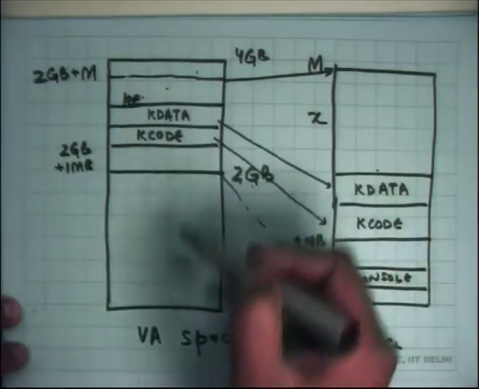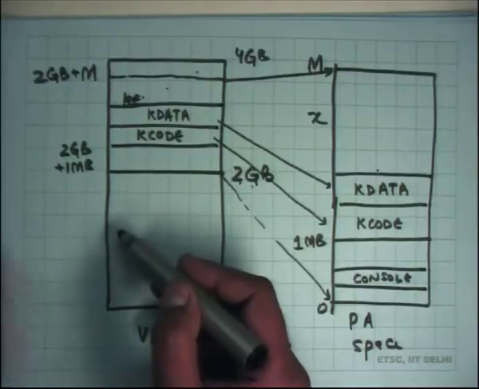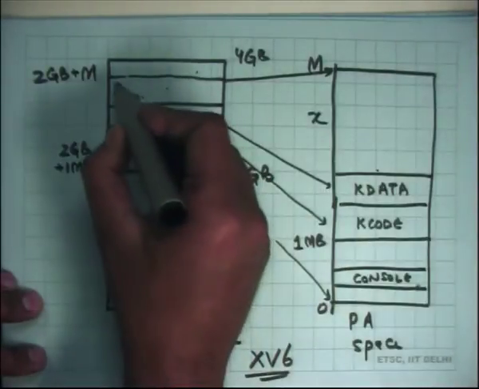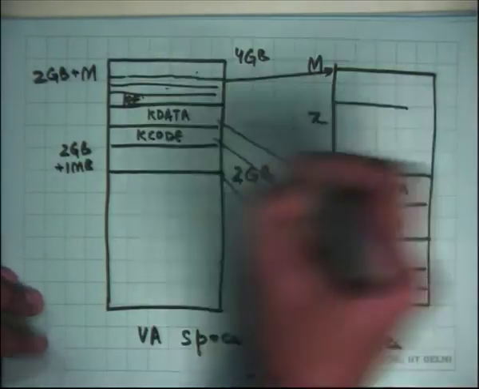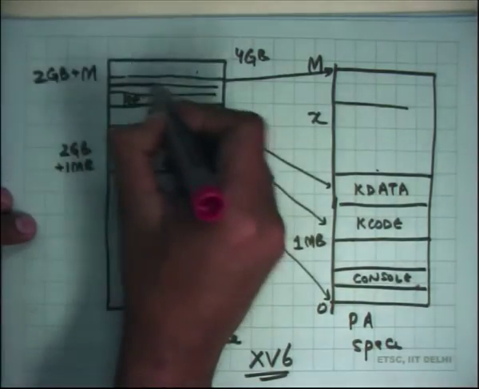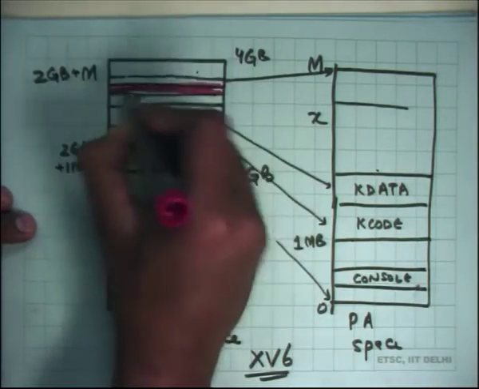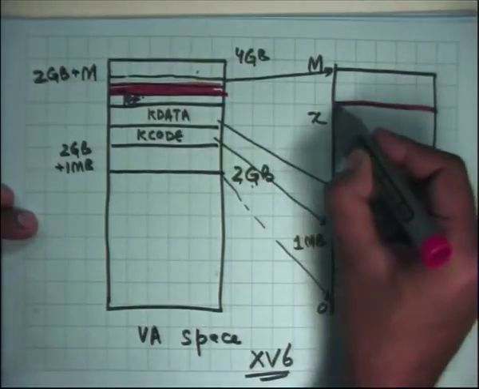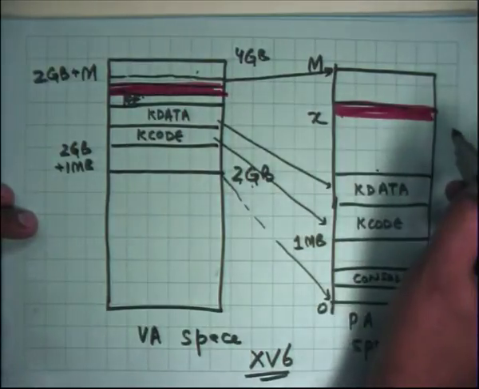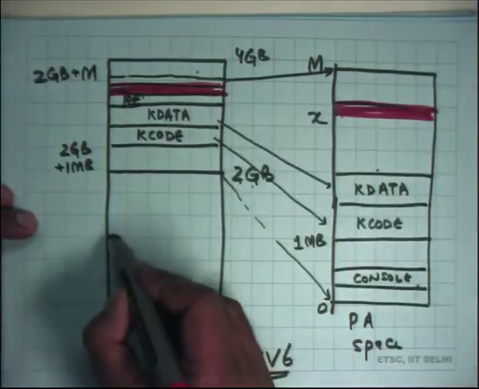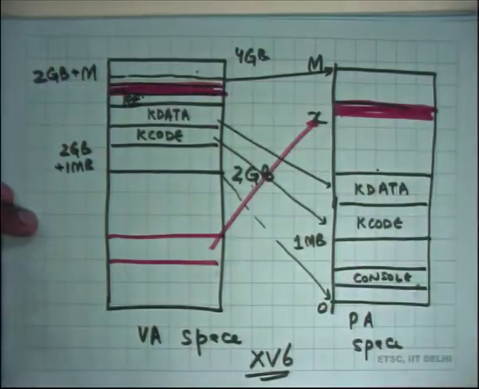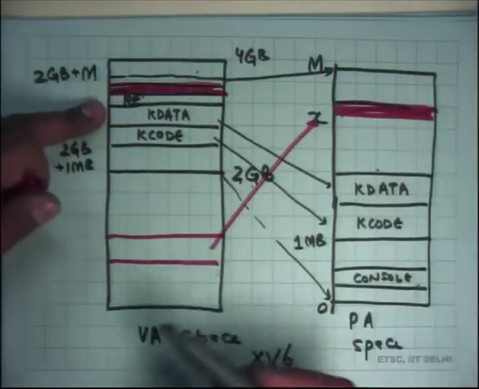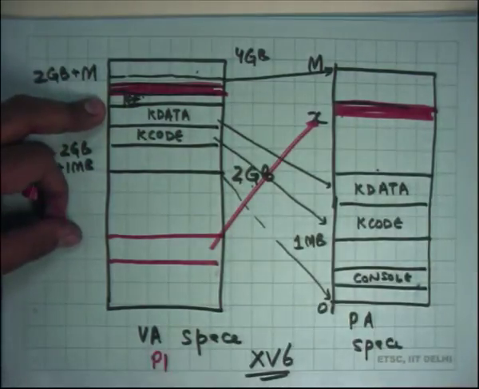So let's say the kernel wanted to allocate an address space for the process. It will allocate an address space for the process from here, and then it sets up a mapping from this area to this area. So this is the process's address space, let's say P1.